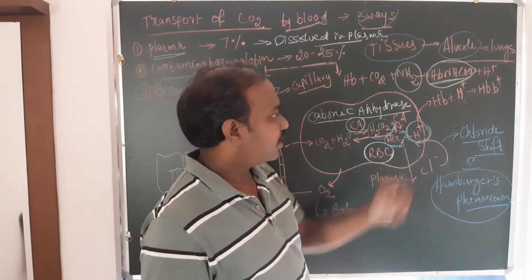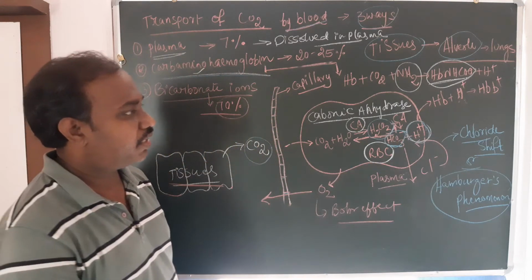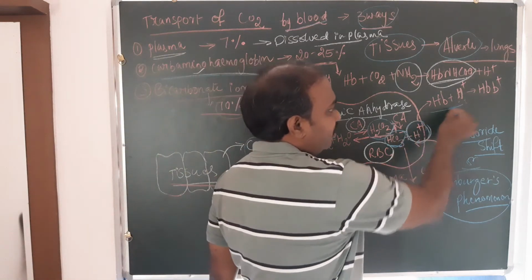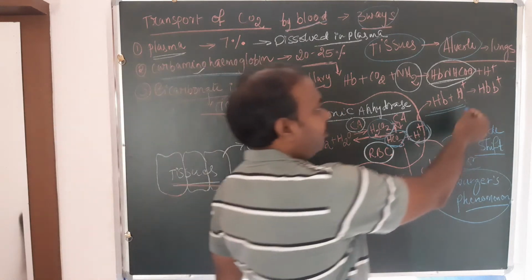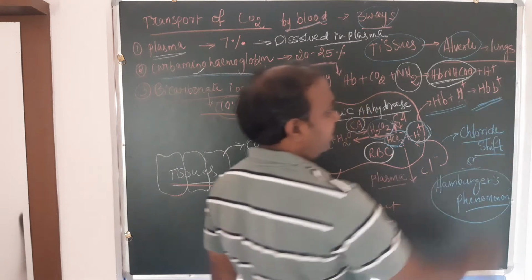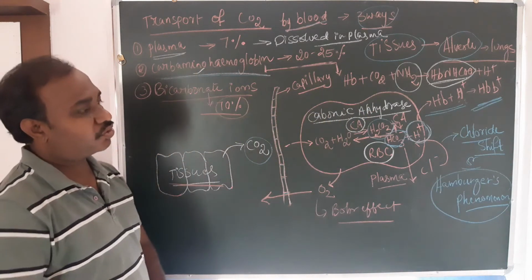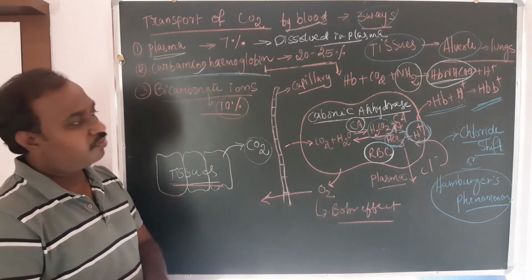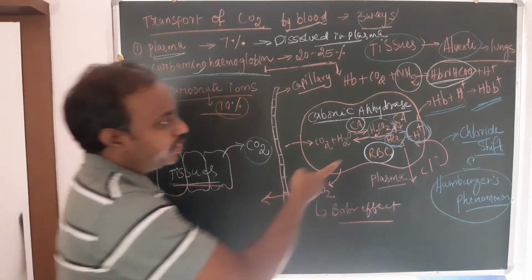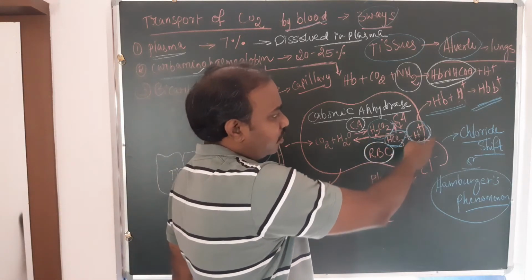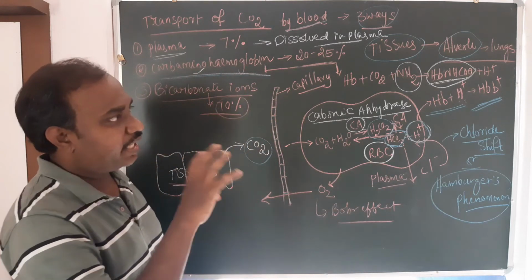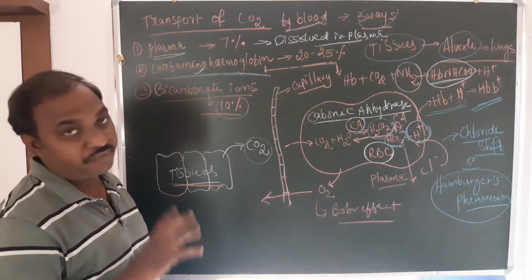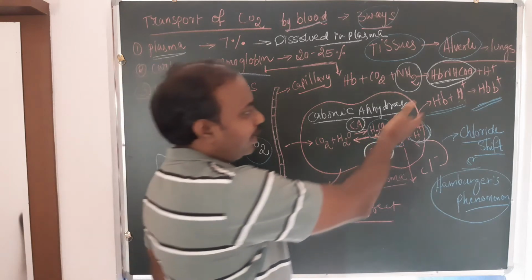Some of these H plus ions get attached to the hemoglobin, because of the increased amount of H plus ions, and then the affinity to get attached to the hemoglobin.